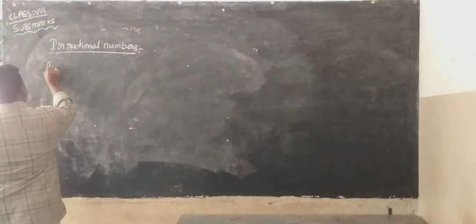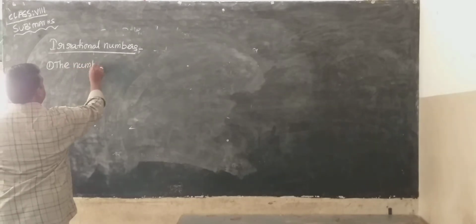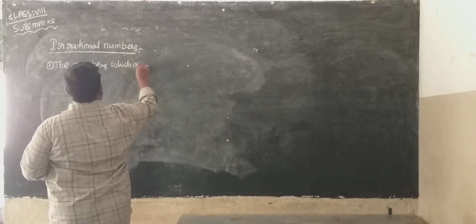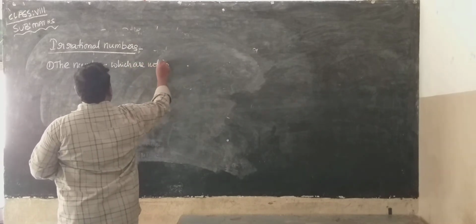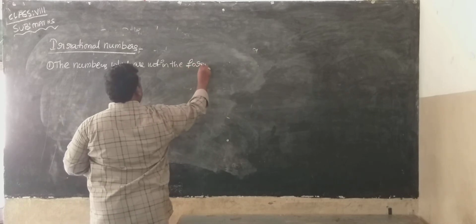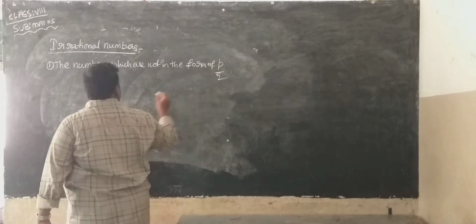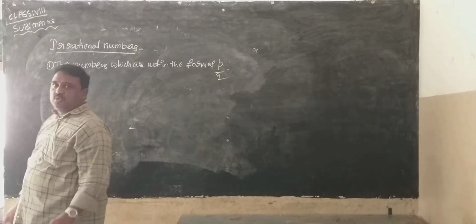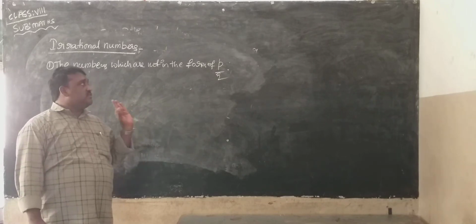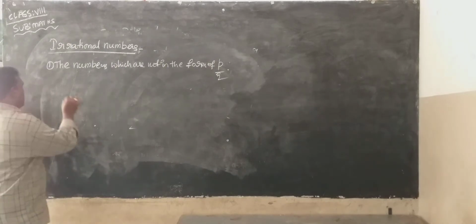Definition: the numbers which are not in the form of p by q are known as irrational numbers.